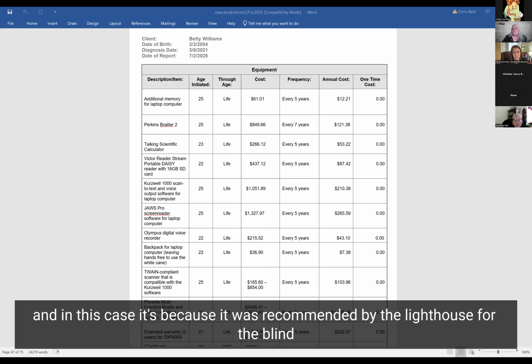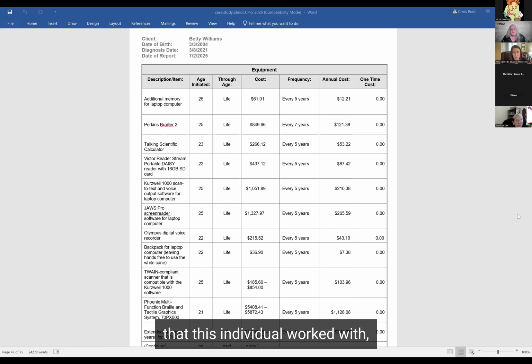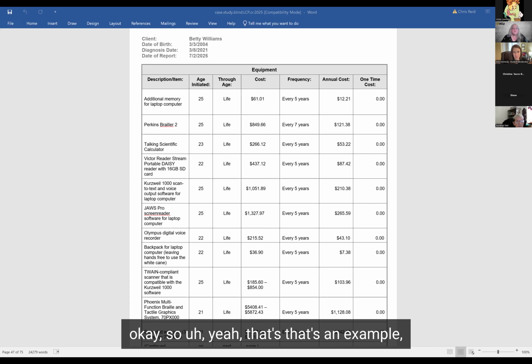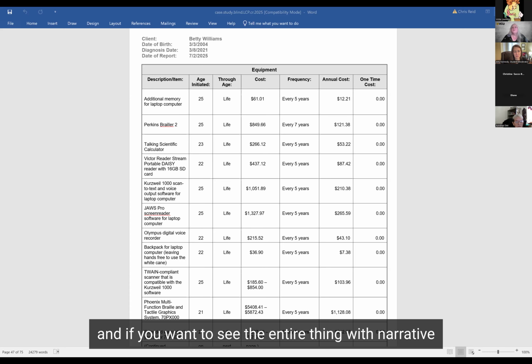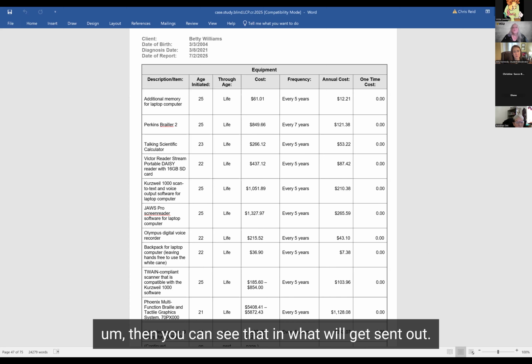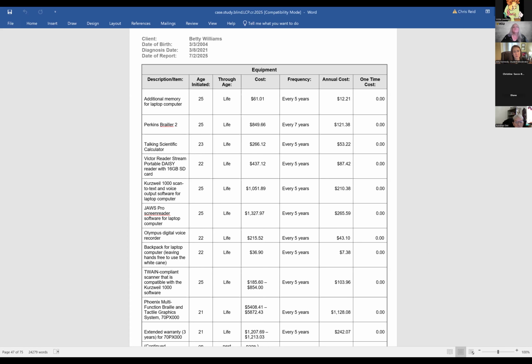And in this case, it's because it was recommended by the Lighthouse for the Blind that this individual worked with. These are the kinds of tools that she has had recommended or is currently using. Okay, so that's an example. And if you want to see the entire thing with narrative and all kinds of things, then you can see that in what will get sent out.